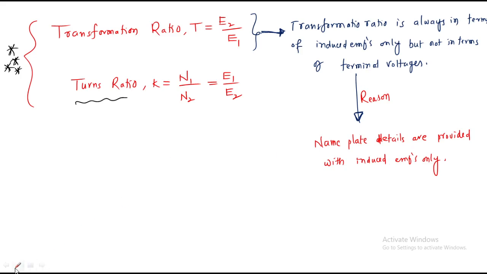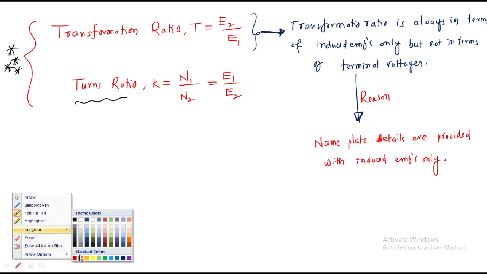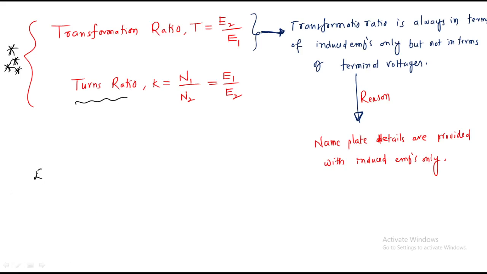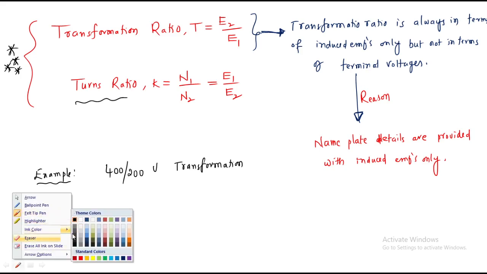Okay, for example, the nameplate details on a transformer say it is a 400 by 200 volts transformer. Then tell me, what is the transformation ratio?